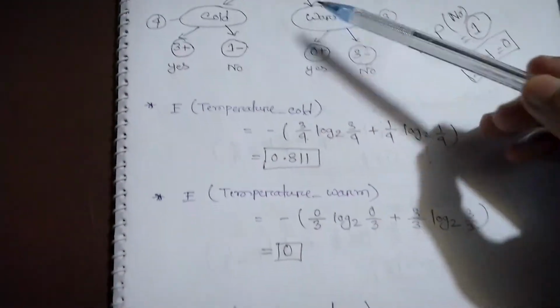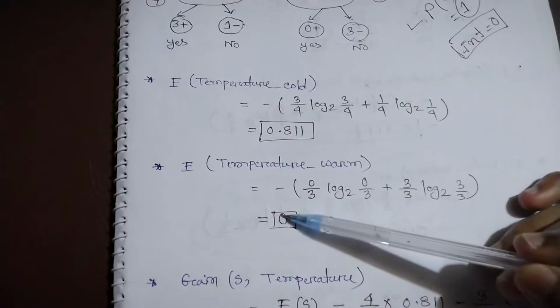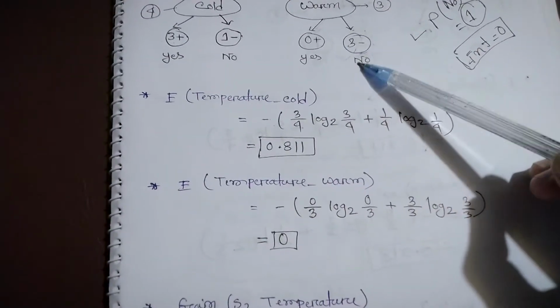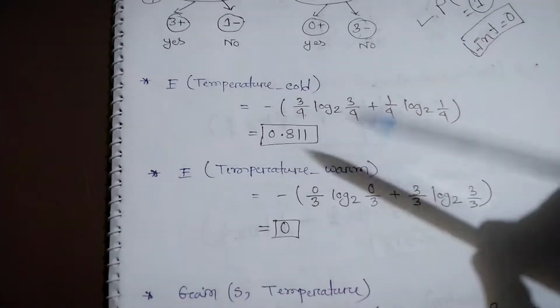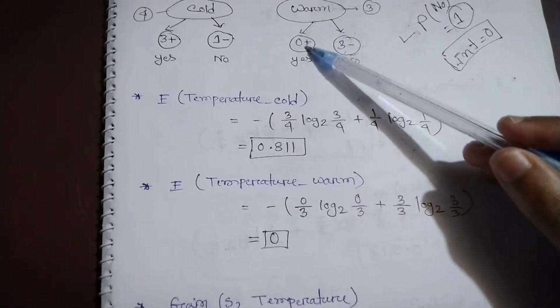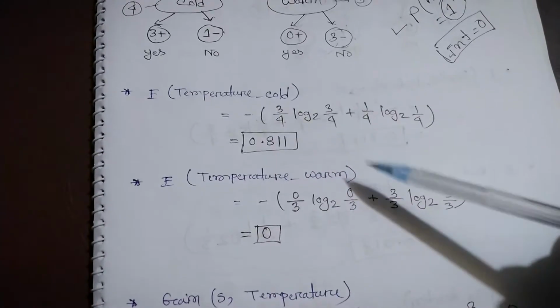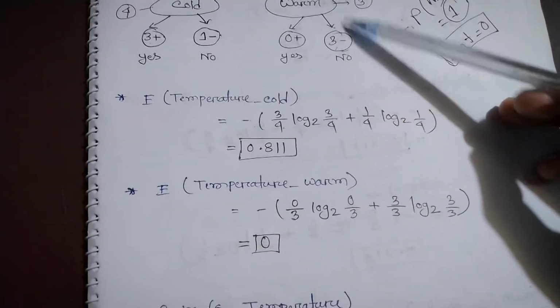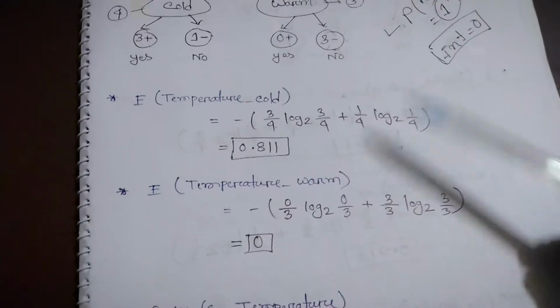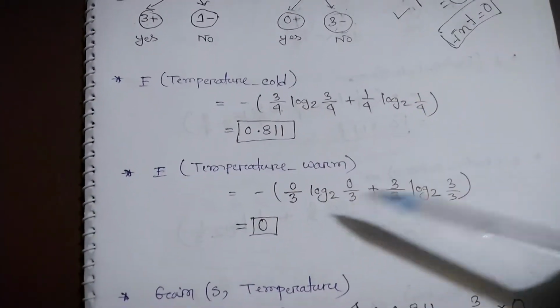For warm we can calculate it, but its output would always be 0 because the probability of no is 100%. That is 0 by 3 log 2 of 0 by 3, because there are 0 yes cases, and all of them are no, which is 3 out of 3, log 2 of 3 out of 3. So this is very simple.